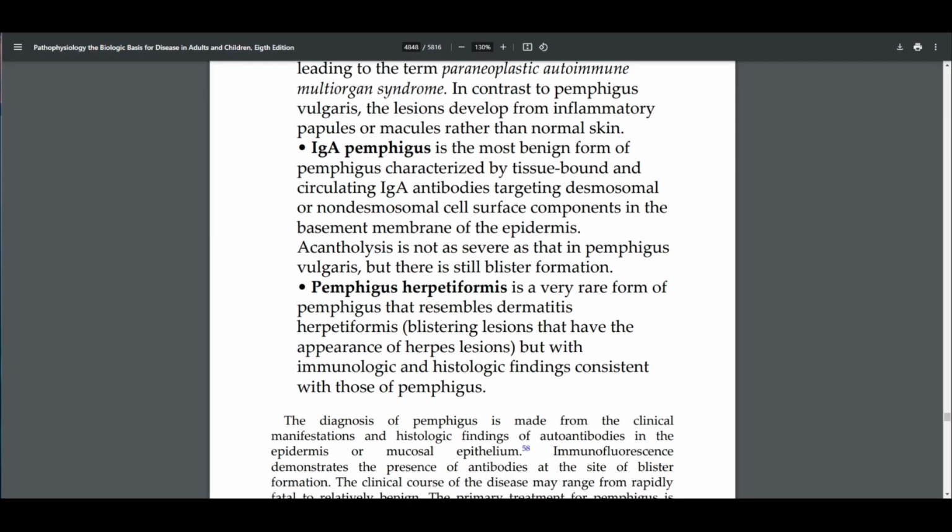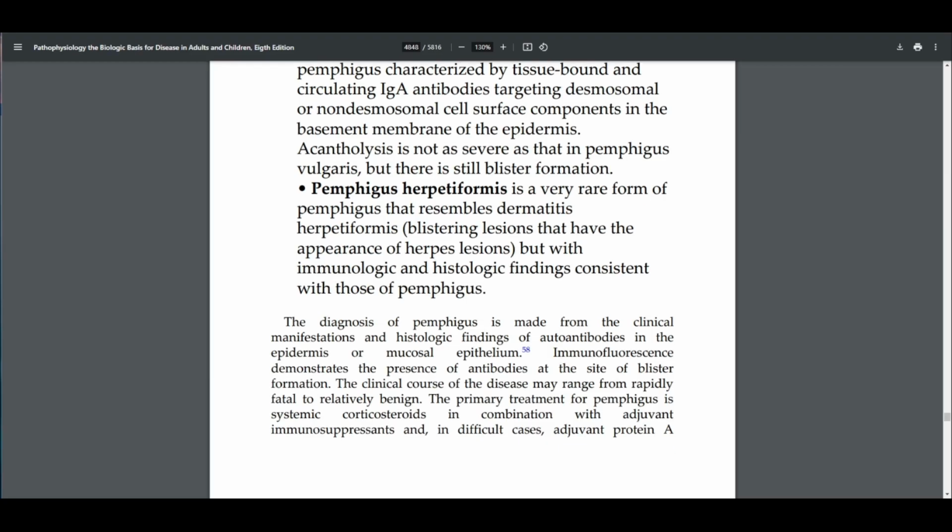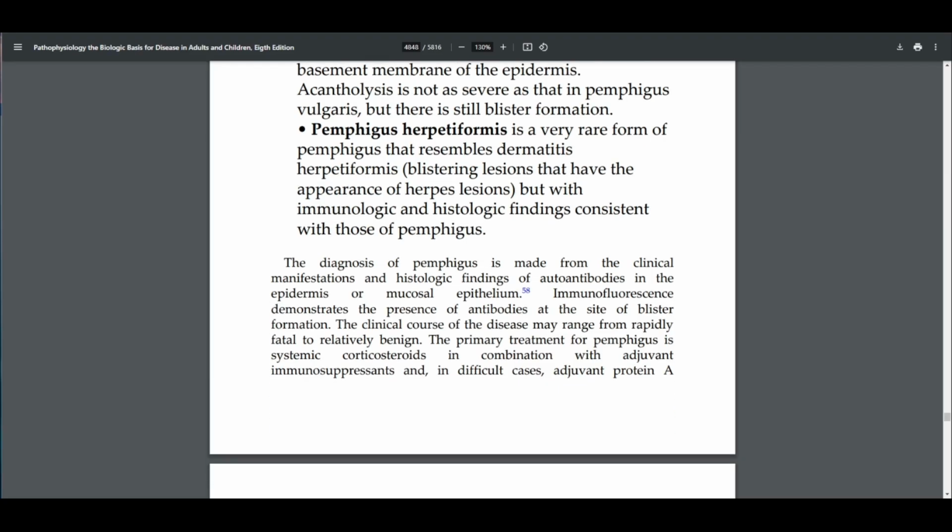Pemphigus herpetiformis is a very rare form of pemphigus that resembles dermatitis herpetiformis, with blistering lesions that have the appearance of herpes lesions, but with immunologic and histologic findings consistent with those of pemphigus and not of herpes.